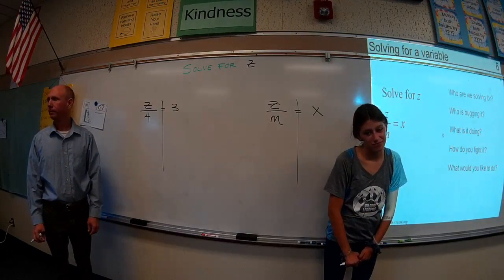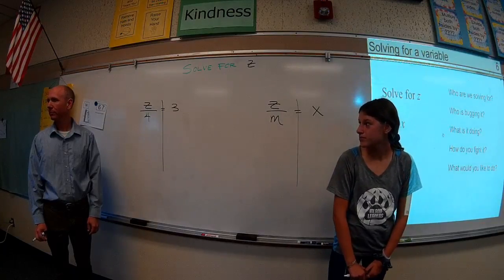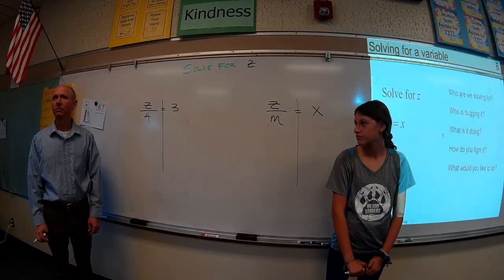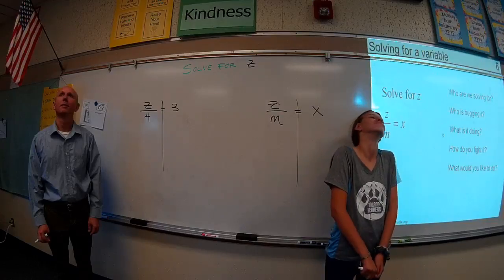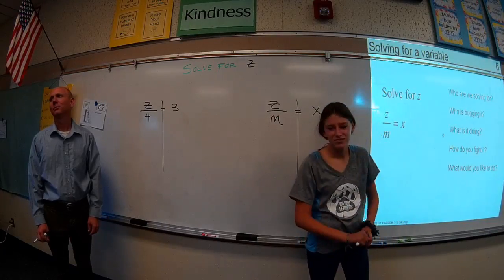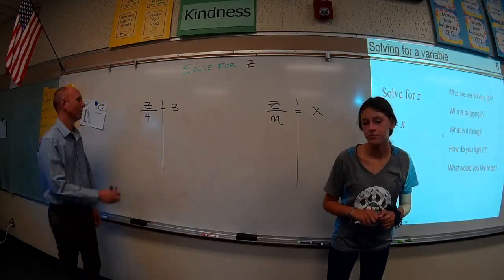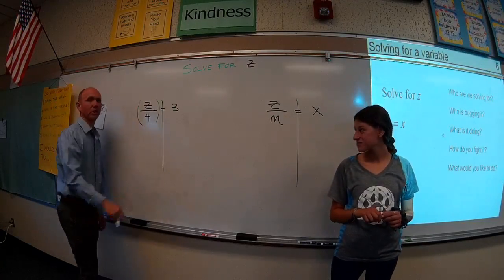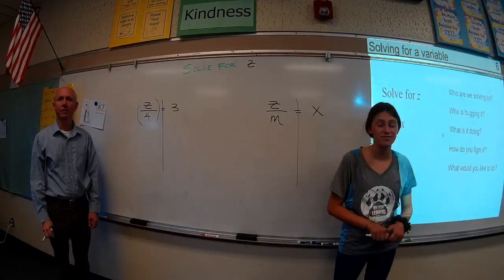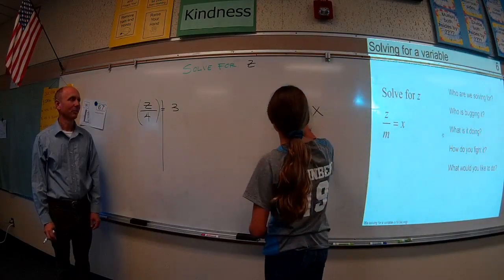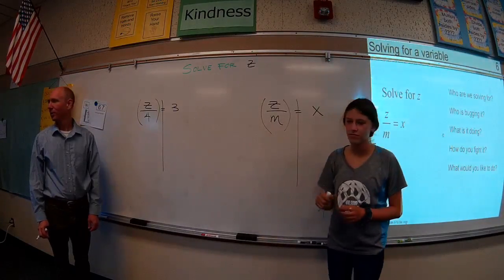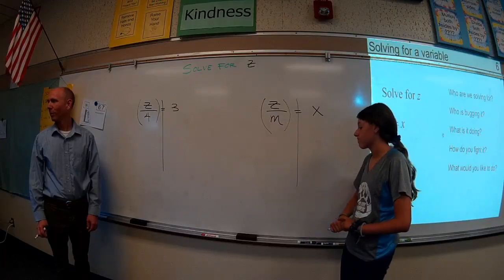I think that's not right. Circle the... No, I don't want to do that either. Tell me what to do. Put parentheses around the... Oh, I like that idea. Okay, I'll do that. Your turn, Aiden. Put parentheses around the fraction.